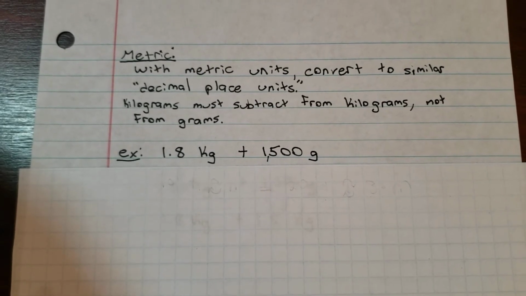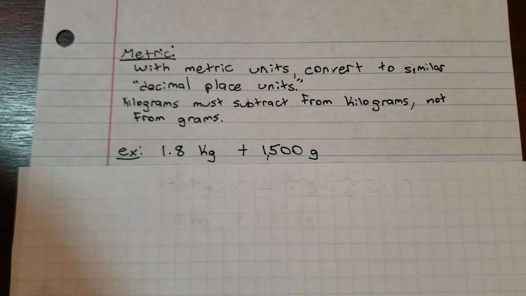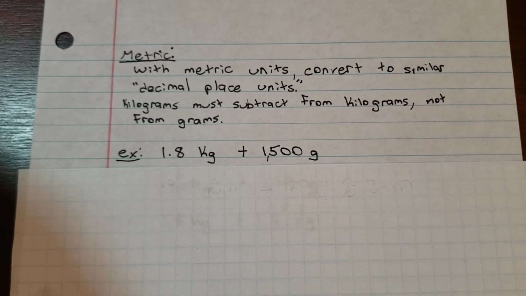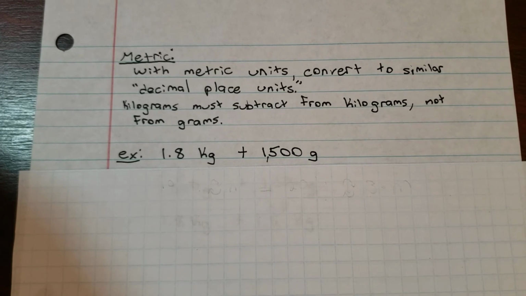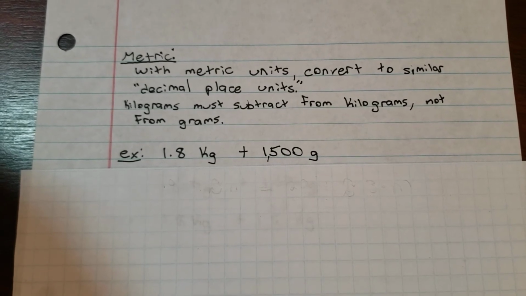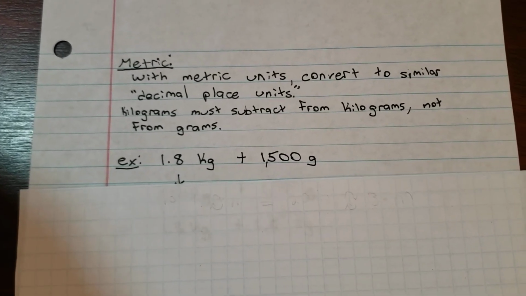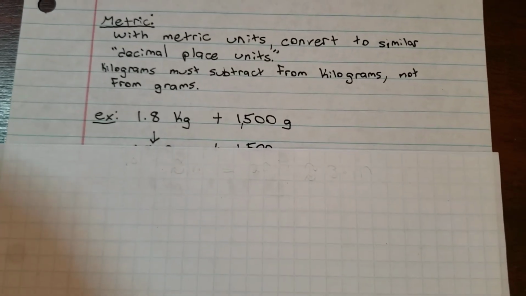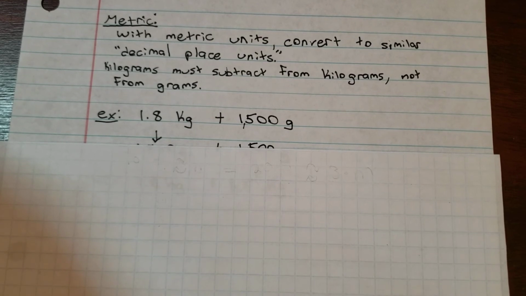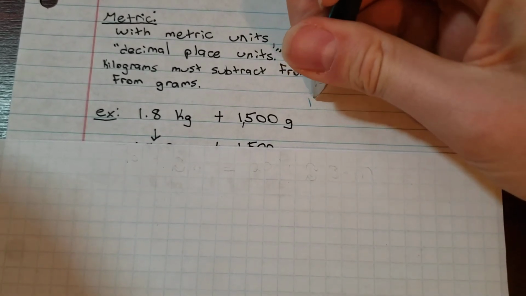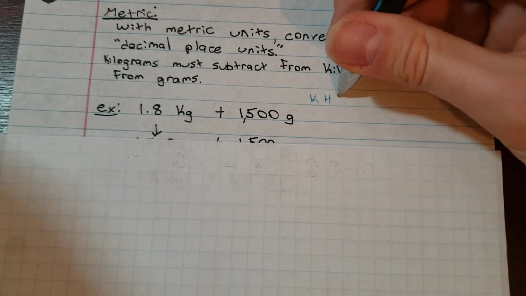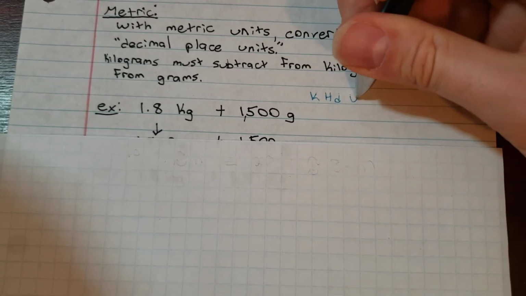Example. 1.8 kilograms plus 1,500 grams. Well, again, they need to be the same. So in this case, I'm going to convert my kilograms to grams. Again, I've got King Henry died unexpectedly.